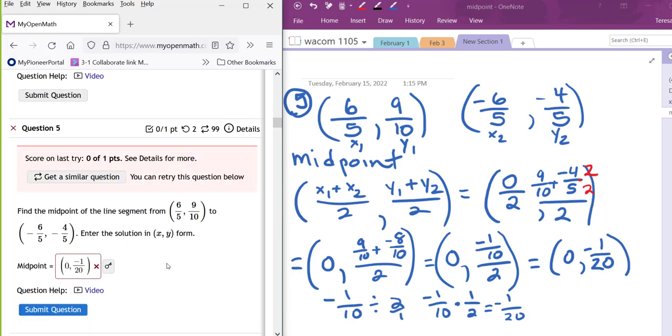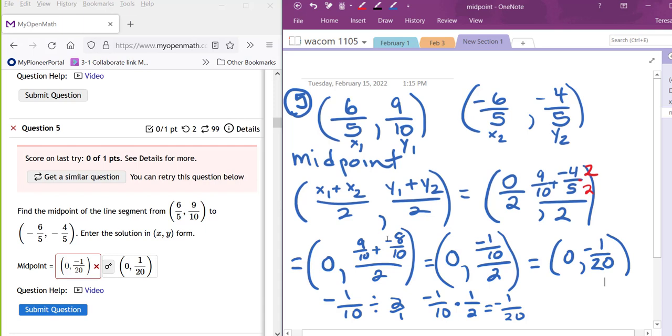What did Miss H do? Oh. I had a sign error way back here. Good thing I checked. 9 plus -8 is not -1/10. It is positive. So let's fix it.